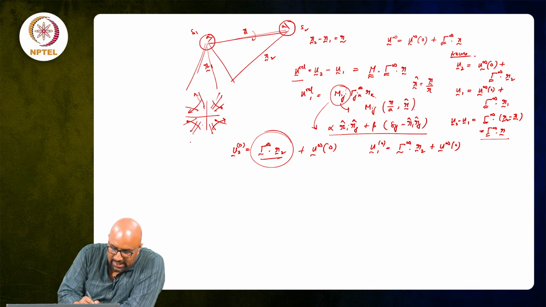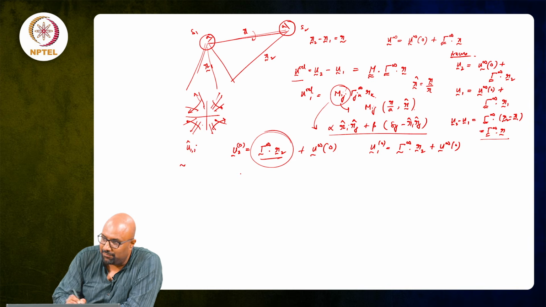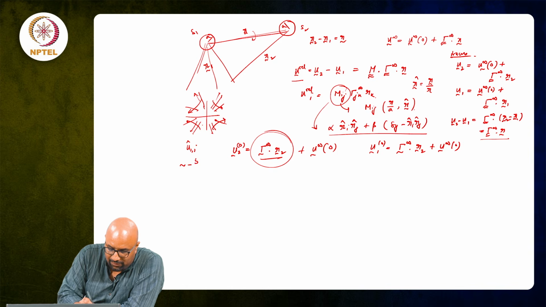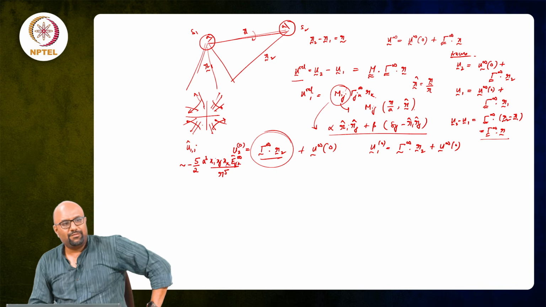So, this is going to create a disturbance U1i, which will have a detailed form, but we can just take the leading order form, that is minus 5 halves a cube xi xj xk e jk infinity by r to the power 5.